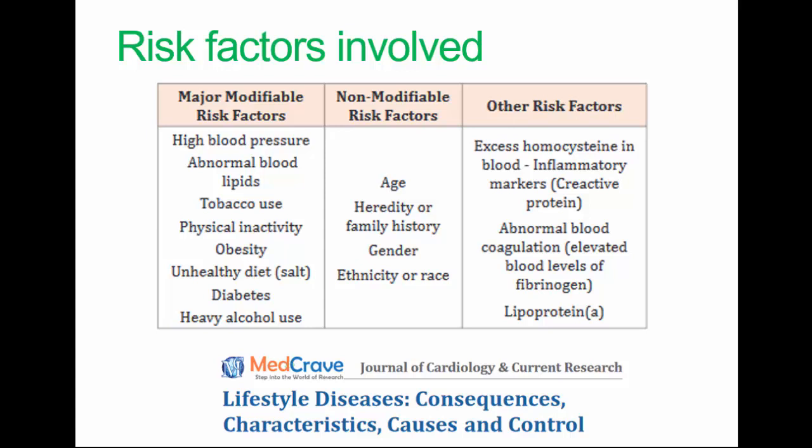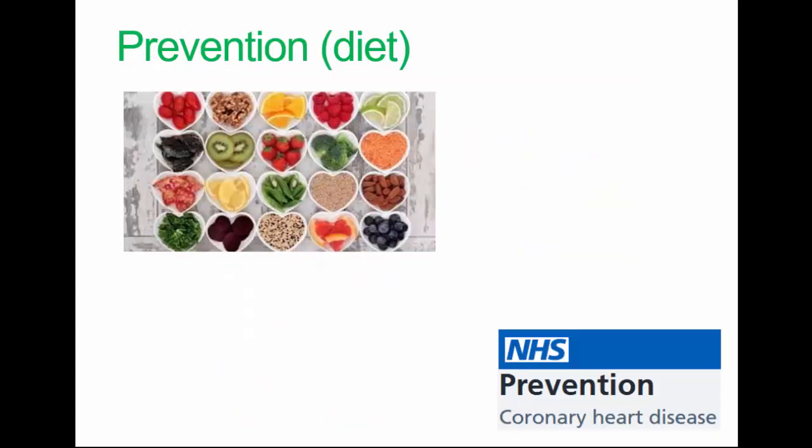Recall that although some factors such as genetics are non-modifiable, there are several well-established major modifiable risk factors, including diet. And it's also arguable that the so-called non-modifiable factors may be addressed in public health approaches in general.